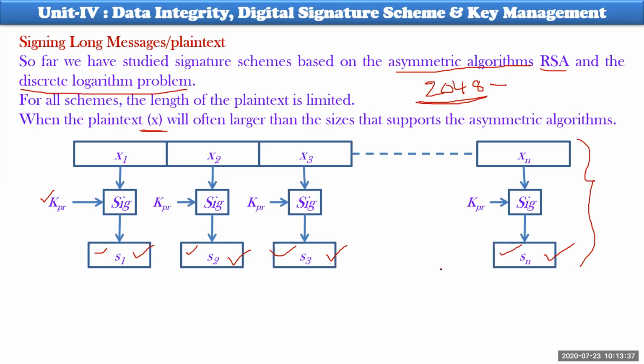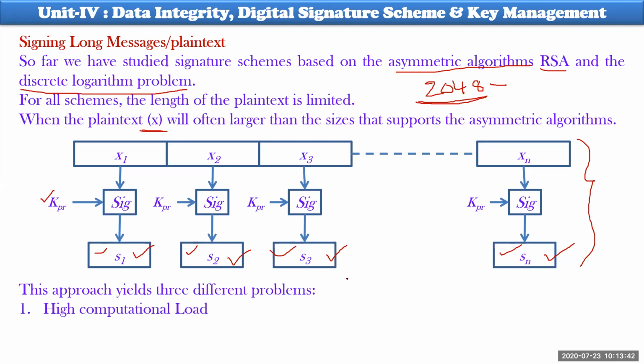If you perform this kind of operation, what exactly are the problems that will be raised? Problem number one, high computational load. Already we have seen it operates on the discrete logarithm problem, otherwise the number system. Applying a discrete logarithm or number system using prime numbers takes a huge computational load. You do the same encryption and decryption operation on x1, which yields s1, x2, which yields s2, x3, which yields s3, and so on.